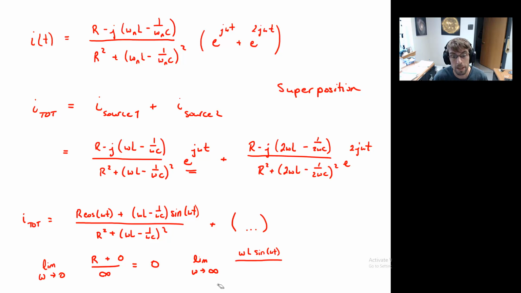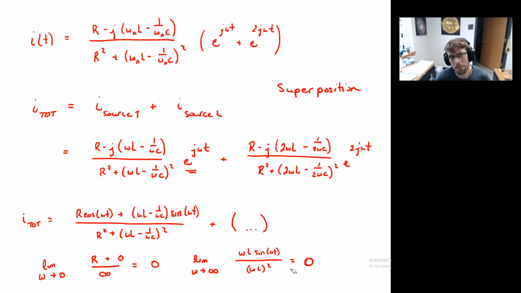Well, how about the denominator? Well, the r squared is minuscule compared to infinity. This 1 over omega C goes to 0, and so you end up with omega L squared. And so you see again that you tend to 0. So if omega is too small, you're at 0.